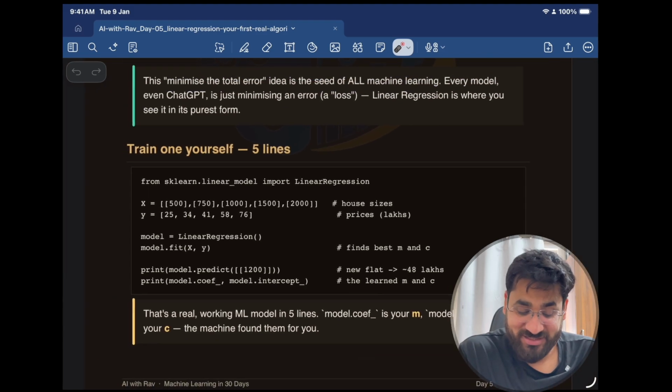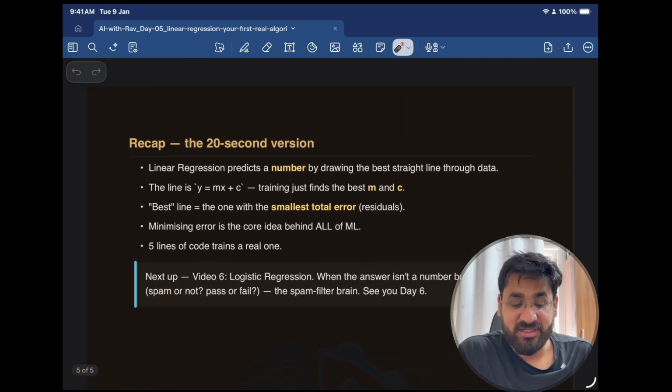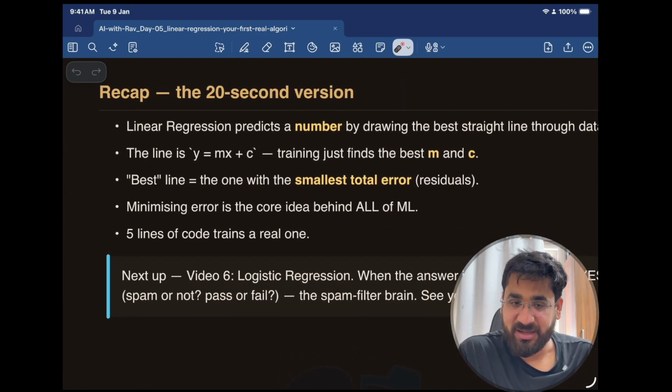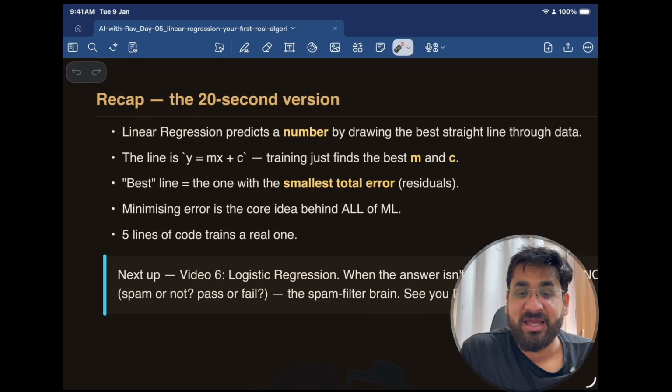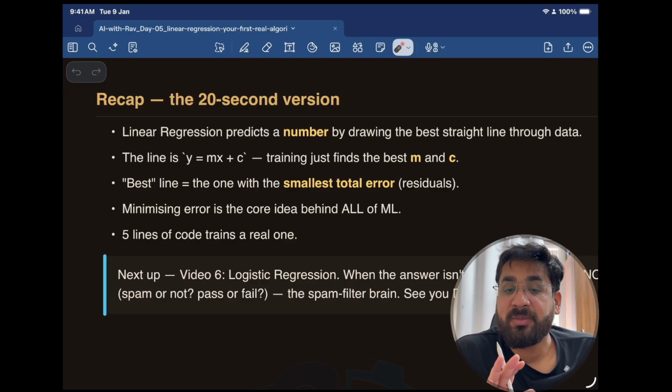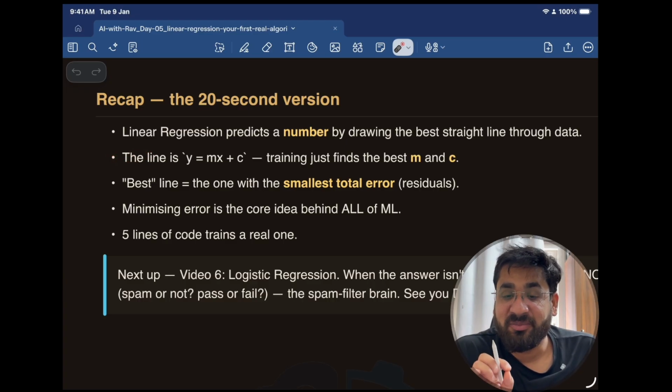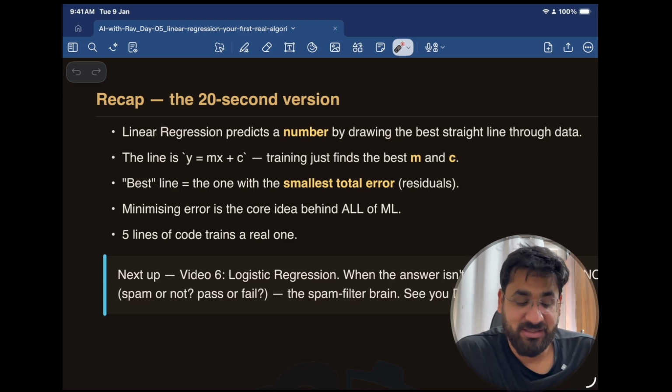How cool is that. Now come to the recap, a 20 seconds recap. What we learned so far, so that you will always keep in your head: first, linear regression predicts a number by drawing the best possible straight line. Second, the line y equals mx plus c; training is just finding the best slope and starting point, m and c.